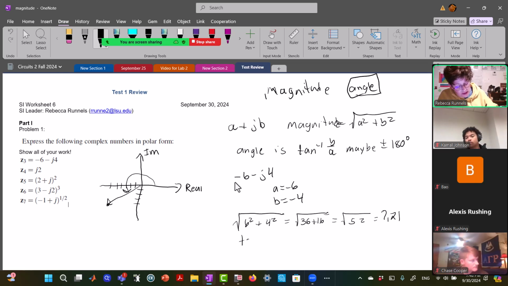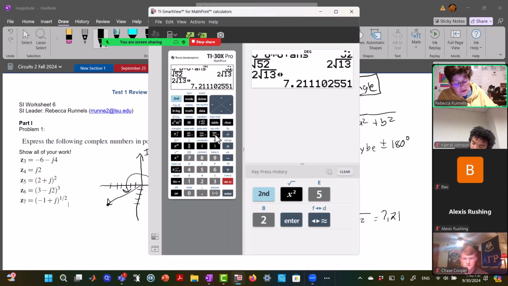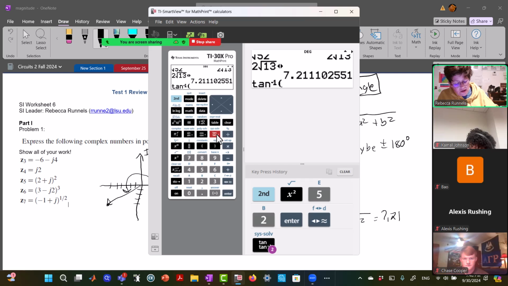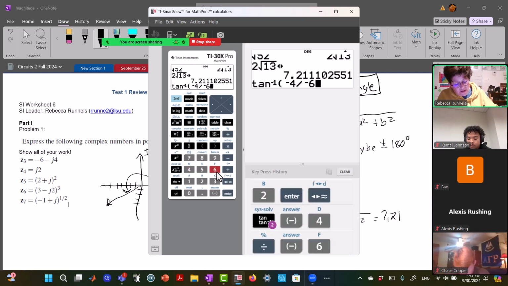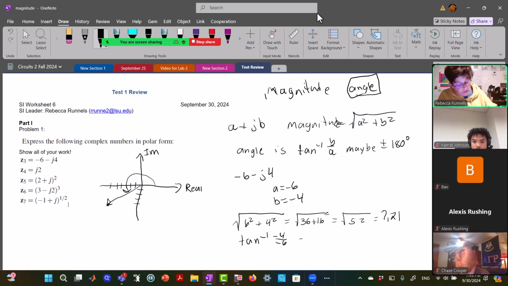And then if I take the inverse tangent of b over a, so negative 4 over negative 6, on this calculator I just have to press the tangent button twice, negative 4 divided by negative 6, and it gives me 33.7 degrees.